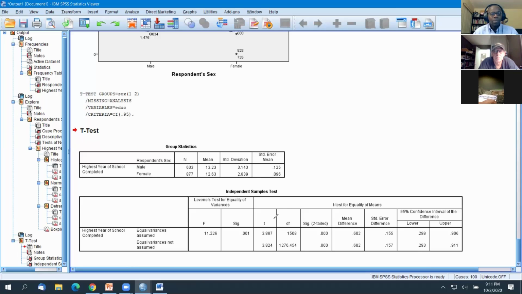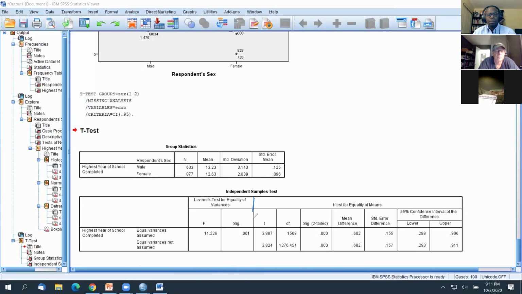Now, the first thing we're going to do is look at this box of information right here. This is the test of homogeneity of variance, right? If your sig value right here is less than 0.05, that means the spread of the data between males and females, or your 2 groups, is significantly different.